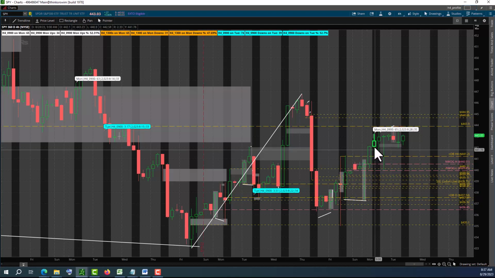We also pay attention to the Monday 9 o'clock candle right here. We want it to stay above here. So what is the close of this candle? 4258. So that's right here, 4258.